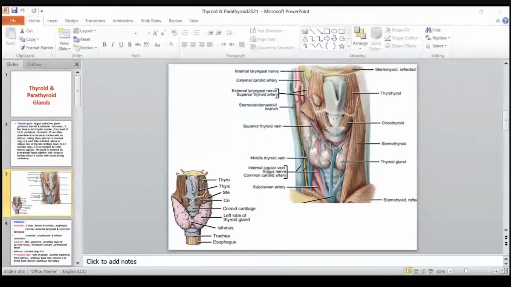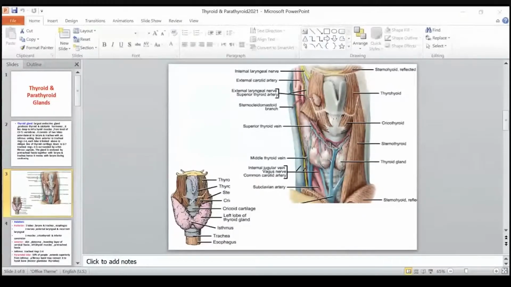The thyroid gland, as I said, is the largest endocrine gland, is single, and produces thyroid hormone and calcitonin hormone. This is produced by a special type of cells in the thyroid, which we call C cells. It lies deep to infrahyoid muscles from level of C5 till T1 vertebra.